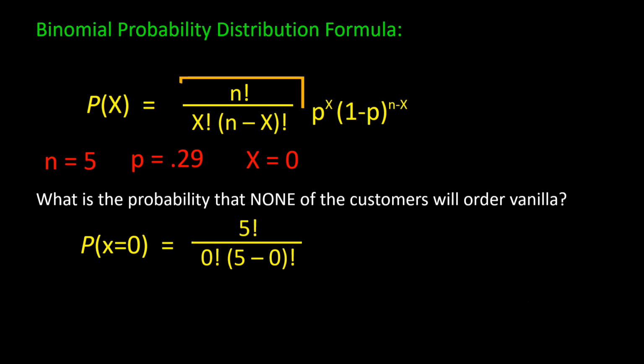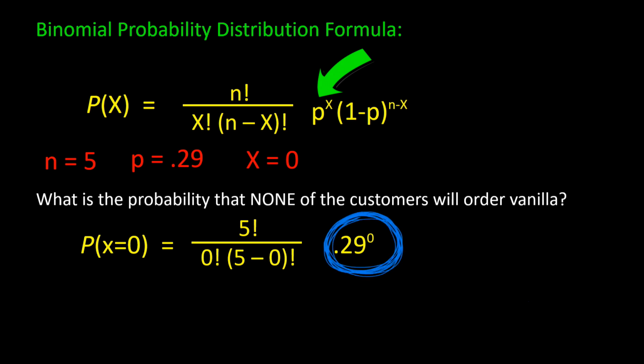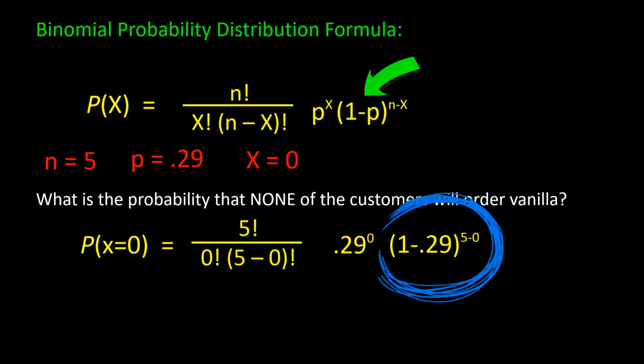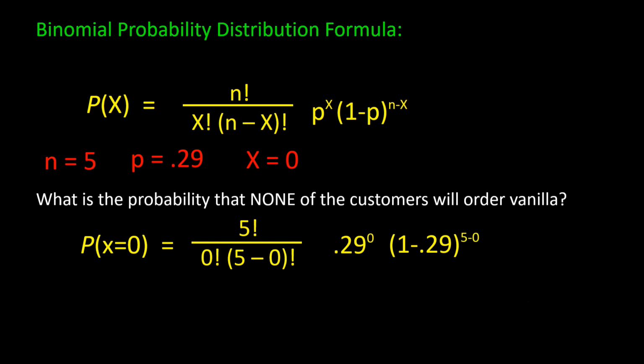You might recognize this part of the formula as the combination formula when you studied combinations and permutations. Next we have p to the x power, so that's 0.29 to the 0 power, and then we have 1 minus p to the n minus x power, or 1 minus 0.29 to the 5 minus 0 power.